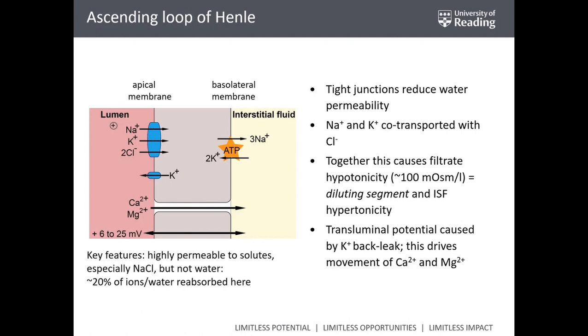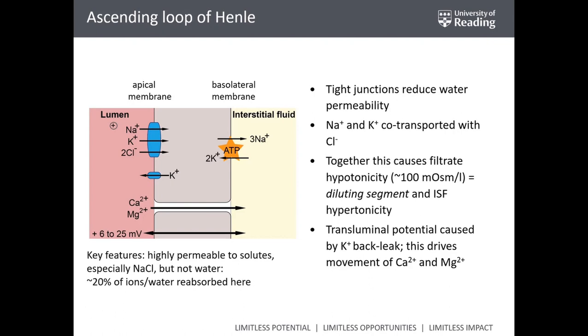So the movement of sodium, potassium and chloride through these transporters, driven by the ATPase sodium-potassium pump, will leave the lumen osmolarity low and increase the interstitial fluid osmolarity, but then the presence of leak channels for potassium on the apical membrane will result in the back leak of potassium into the lumen.